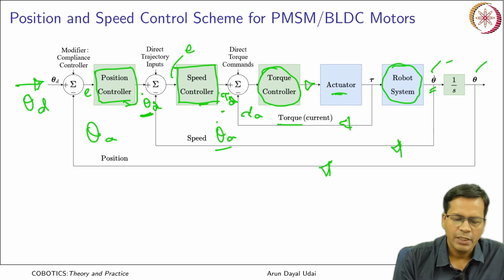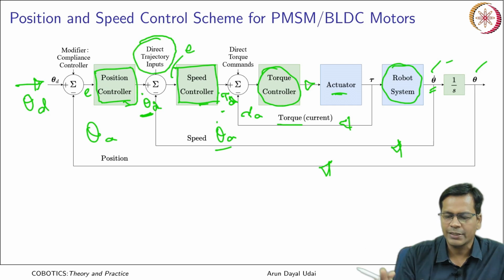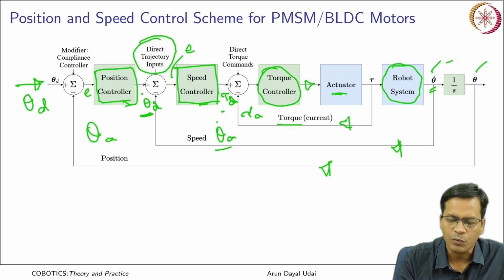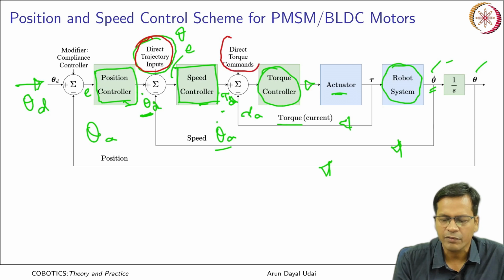So, actually at each stage there is an additional input, you see this is a desired trajectory input. From here you can directly feed in, even if it has achieved the desired position, you want to go at a certain velocity. So, direct velocity input can be fed here at this location. Okay. Direct torque commands can be given here.